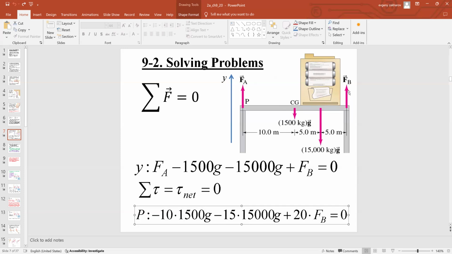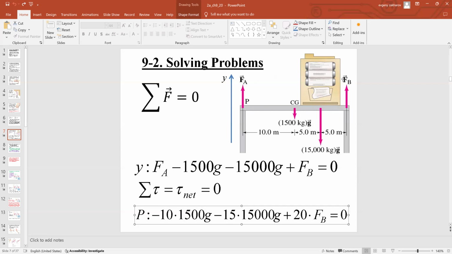Last force is the reaction from the right side of the table, F sub B. That's the line of action. This is the axis of rotation, so the shortest distance between the line of action and the axis of rotation is 10 and the 5 and another 5, so the whole thing is 20. 10 plus 5 plus 5, so it's 20. That's the moment arm, 20 meters.